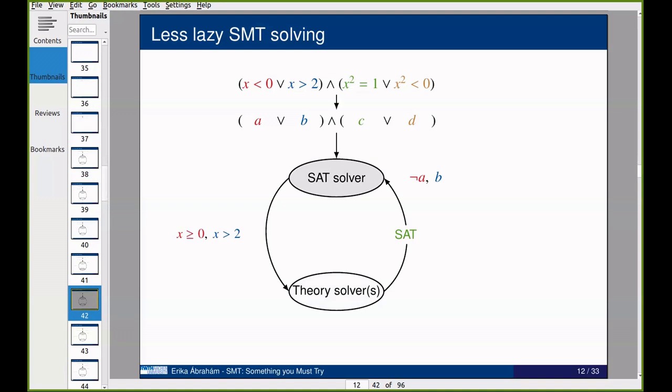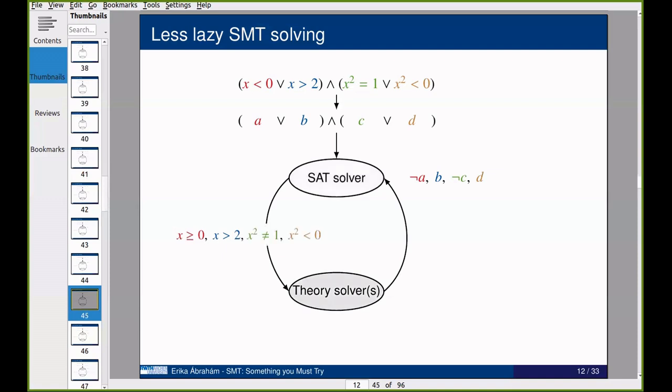Now the SAT solver continues because we do not have any full assignment yet. Let us try. What happens if C is false? Now by the second clause, it would imply that D needs to be true. And we have now a complete Boolean solution, but in order to know whether the original problem has a solution, we need again to ask the theory solver whether this is consistent in the theory.